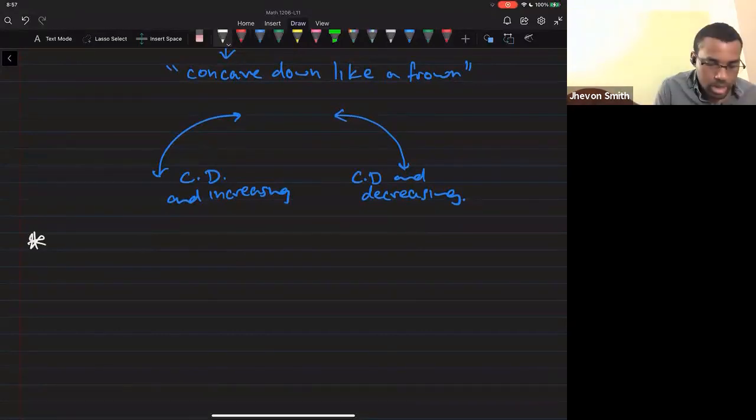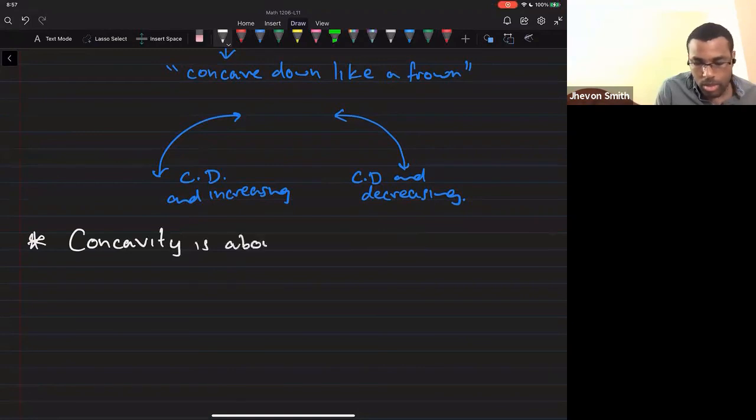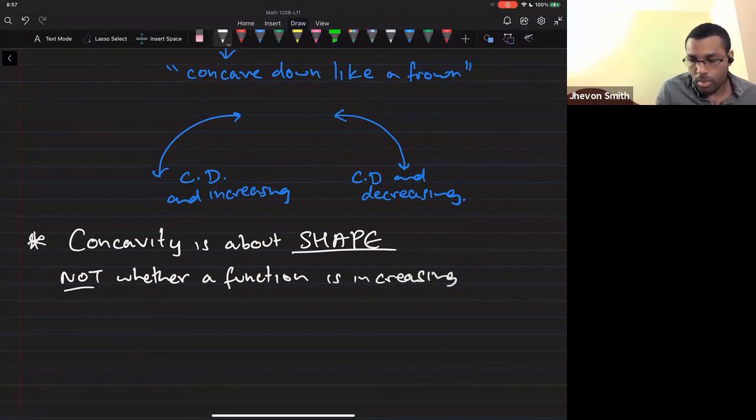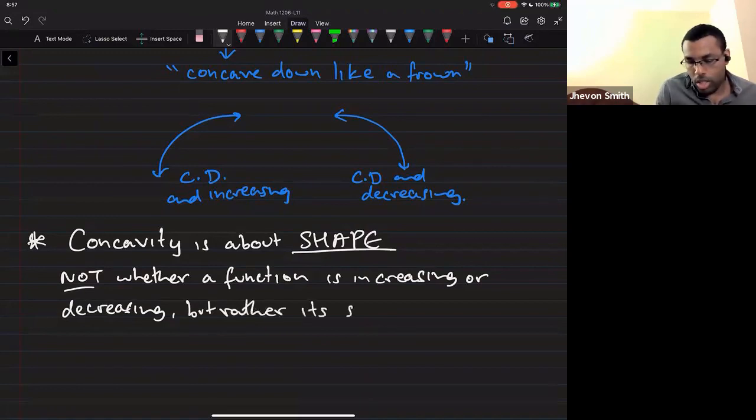It's worth mentioning again. Concavity is about shape, not whether a function is increasing or decreasing, but rather its shape as it does so.